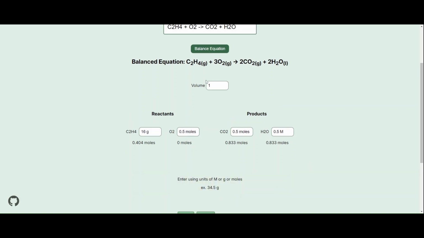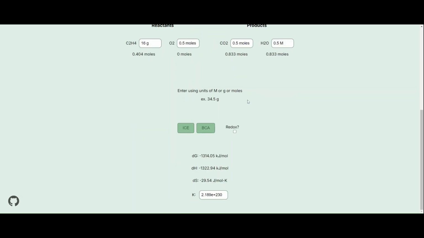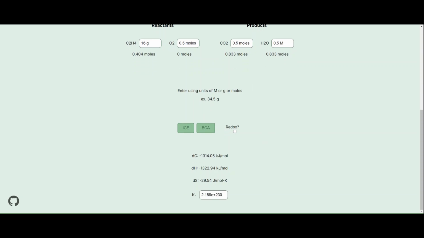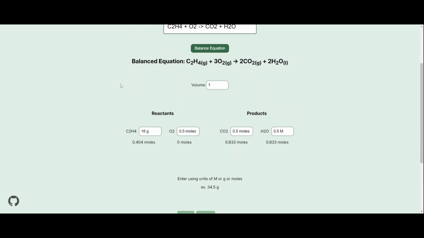What the ICE calculator essentially does is, by using the K value or the equilibrium constant given here, it will find the final concentration of all of the compounds in the reactants and the products after the reaction reaches equilibrium. For such a big K value as for this reaction, it will assume that the reaction goes to completion.